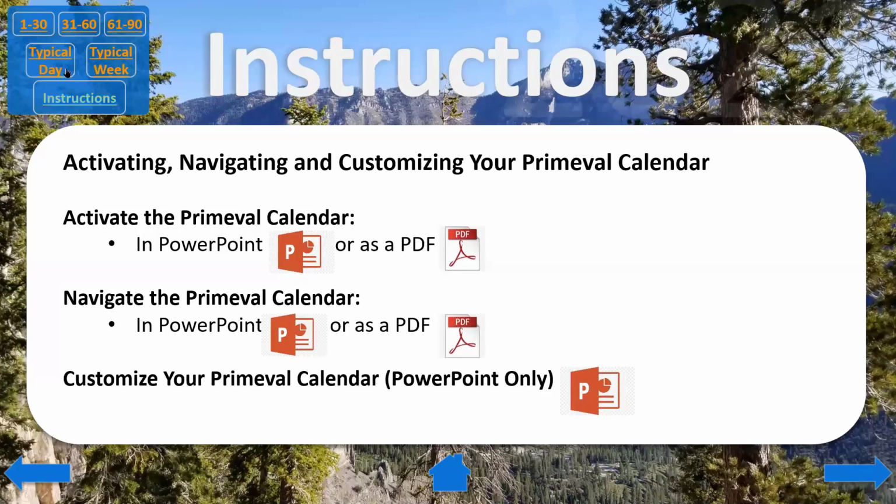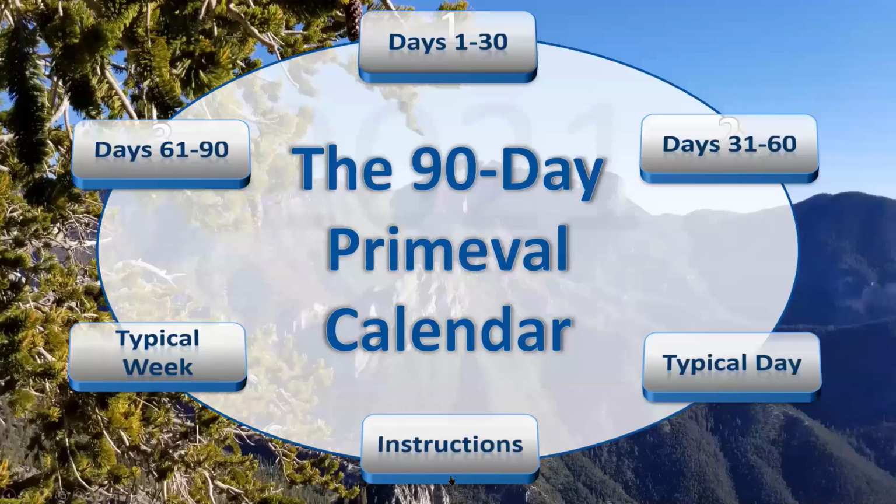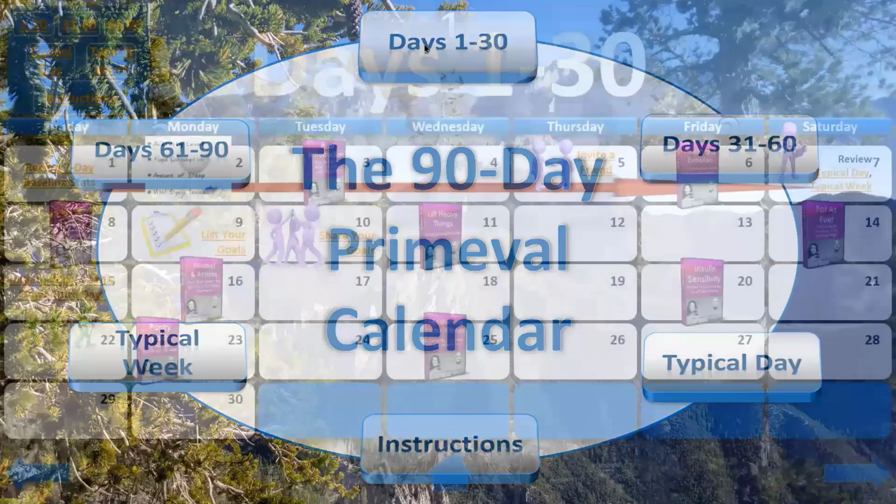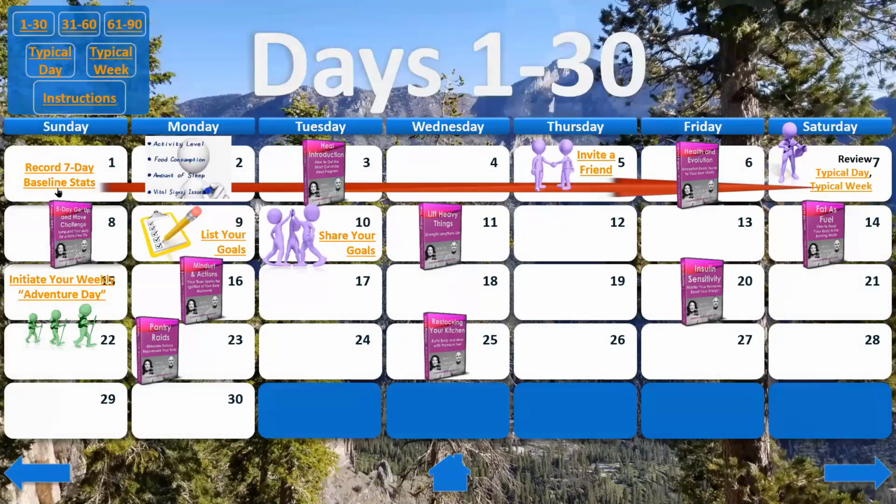So let's go to home, and the home image down at the bottom of the page will always bring you right back here. So days 1 to 30. And it's going to show you recording your baseline stats, invite a friend.